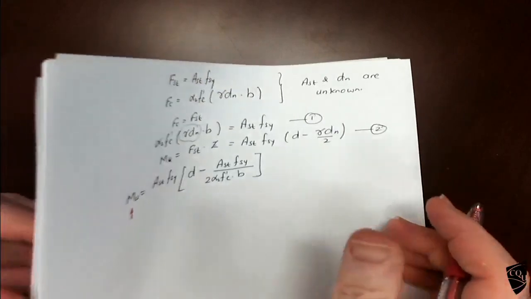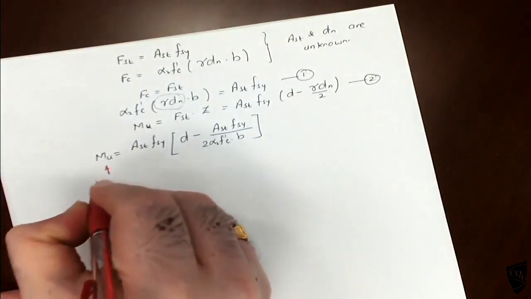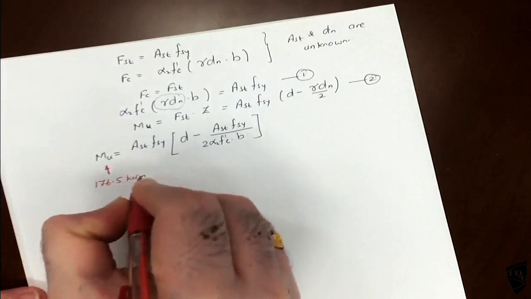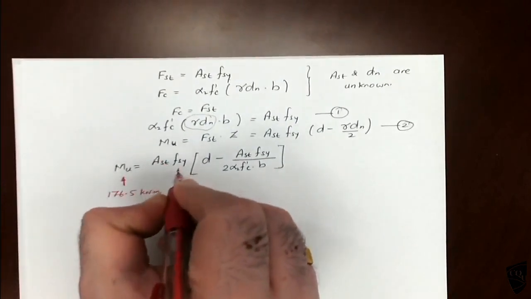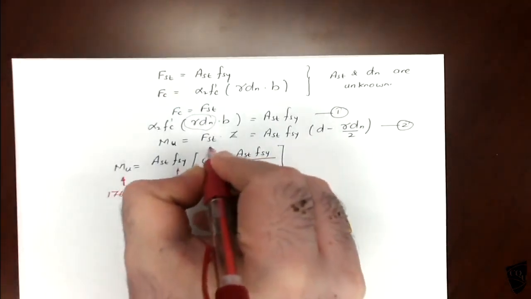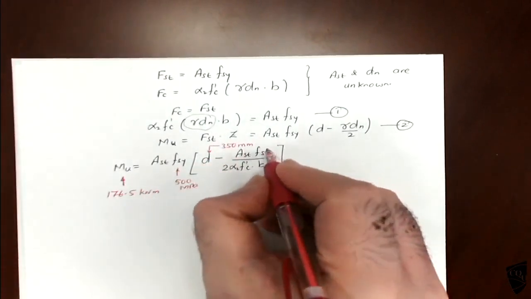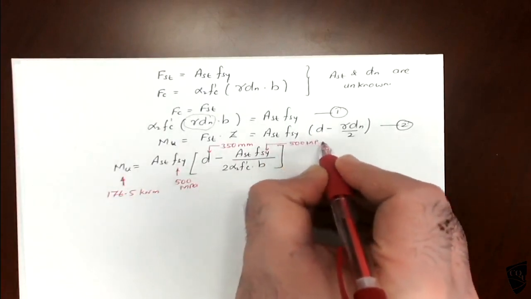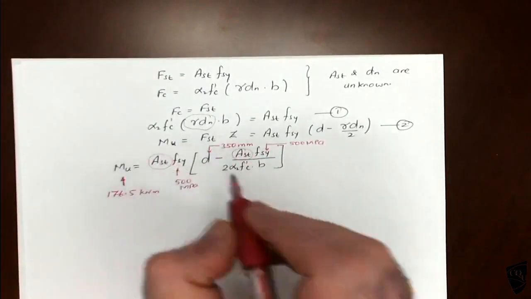So in this one, Mu is known. Mu is equal to how much? 176.5 kilonewton meter. Ast unknown. This is 500 MPa. This is 350 millimeter. MPa. So this is unknown. Here also unknown.